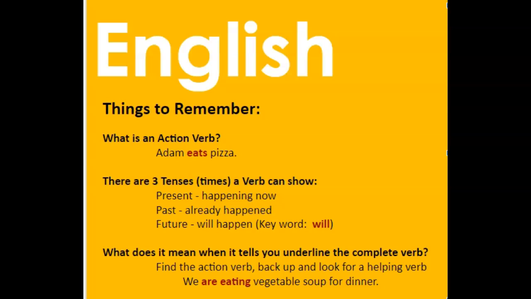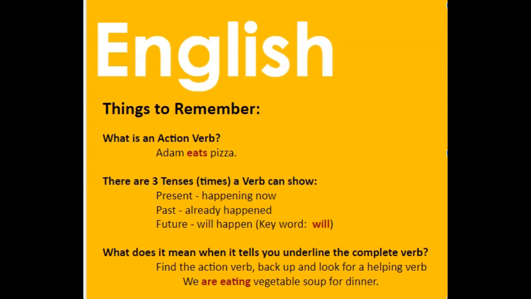Yes, it shows action. So if you look at the sentence here that I have, Adam eats pizza. What is Adam doing? He eats. So eats would be our verb and would be underlined twice. And then what would be the subject? Who or what is the sentence about?